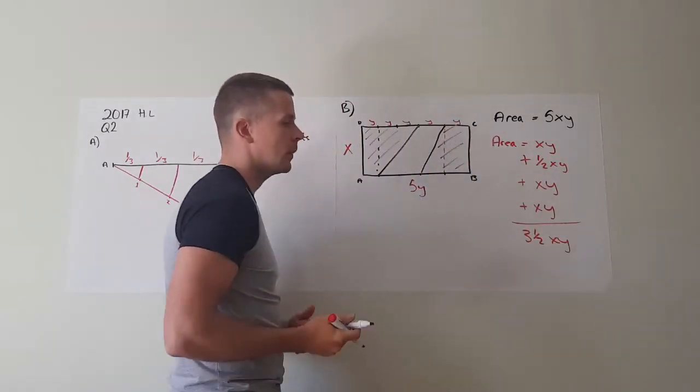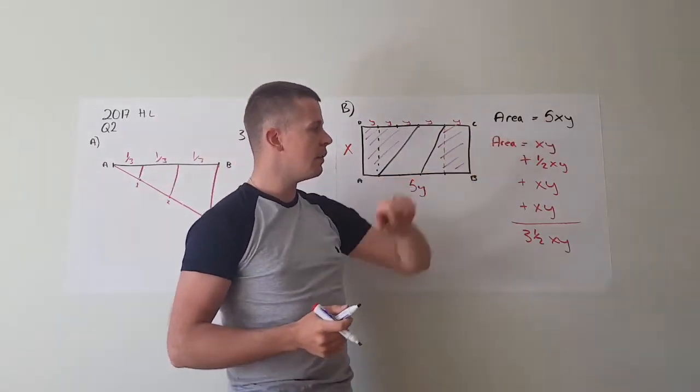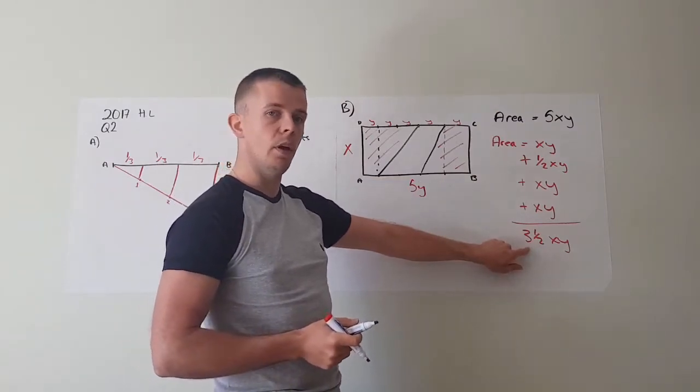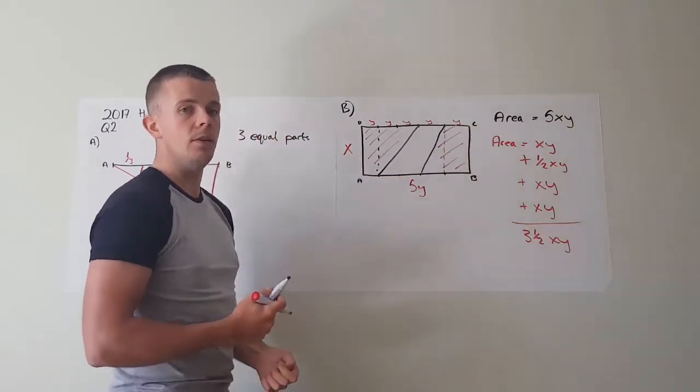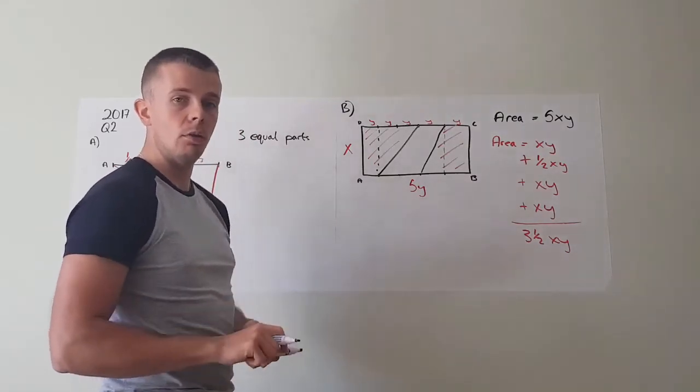xy. Now we've already worked out from the start that the overall area of the rectangle is 5xy. If the shaded part is 3.5 xy, how do we work out the percentage area? Alright, well, we simply create a fraction and we put one all over the other.